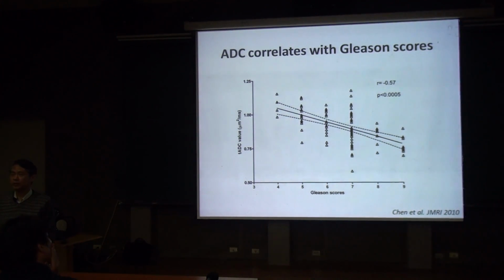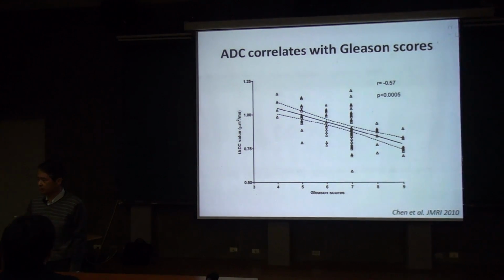We can use diffusion MRI to detect cancer cells, and this is an example. We use it in the prostate cancer. And today, diffusion MRI can also be used to detect liver cancer or breast cancer. This is already being commonly used in the clinical applications now.